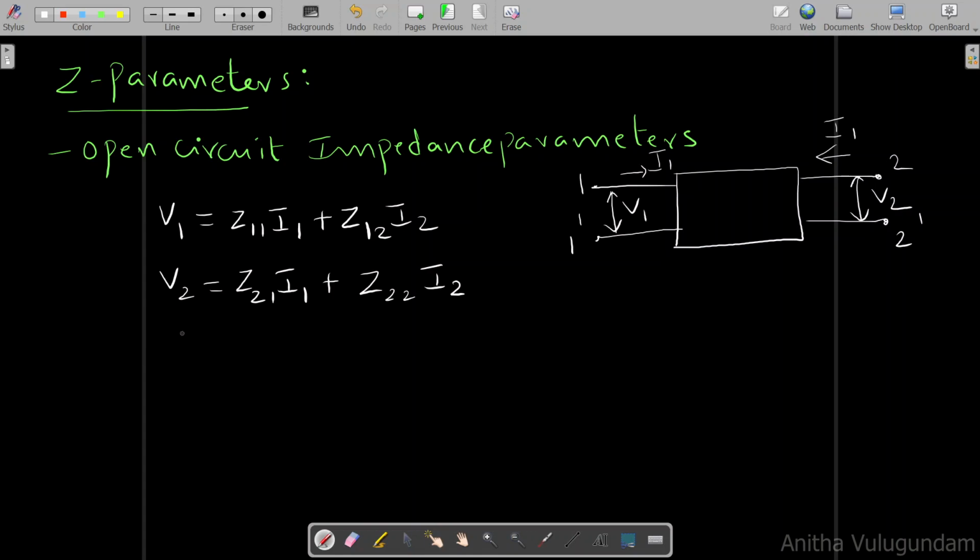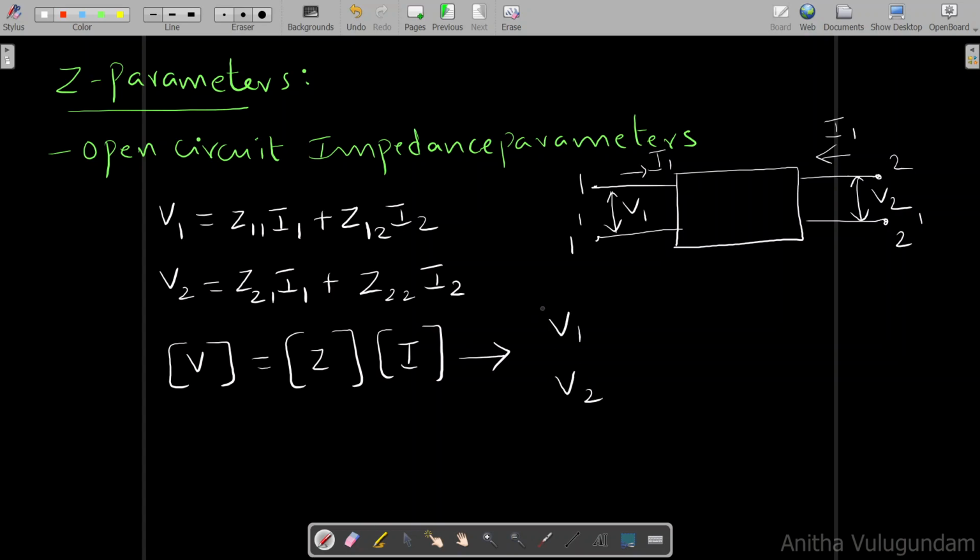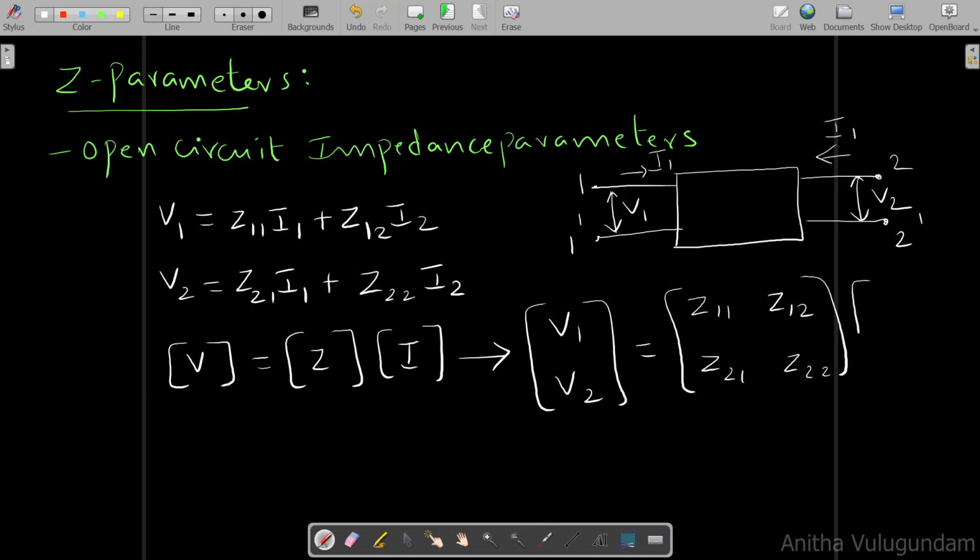We can represent the above equations in matrix notation as V equal to Z into I, where V can be represented as the column matrix V1, V2, the Z matrix is Z11, Z12, Z21, Z22, and I can be written as I1, I2. If you multiply these two matrices and equate on the left-hand side, you will get the same equations.